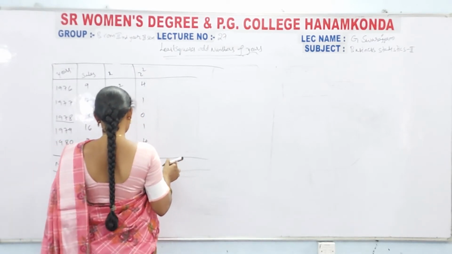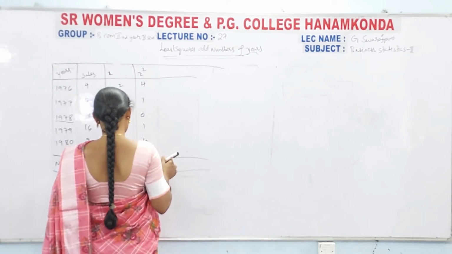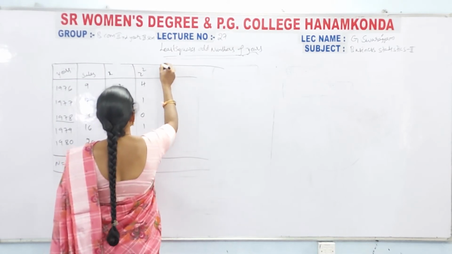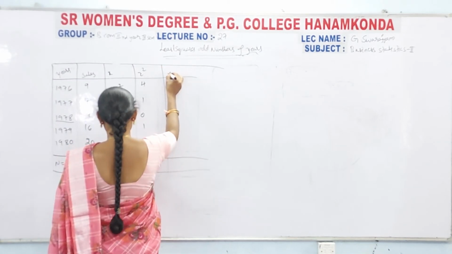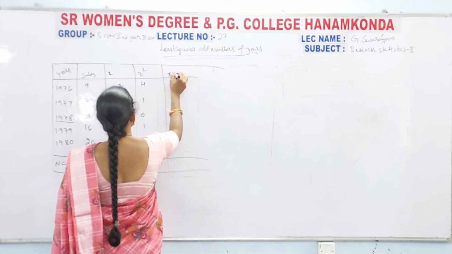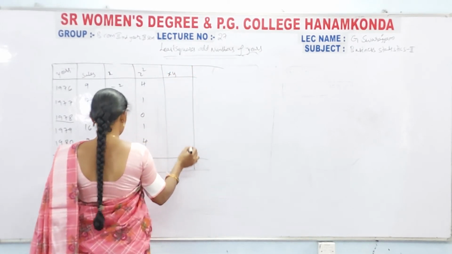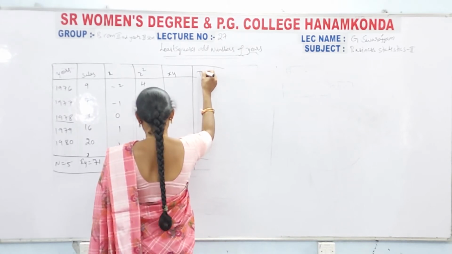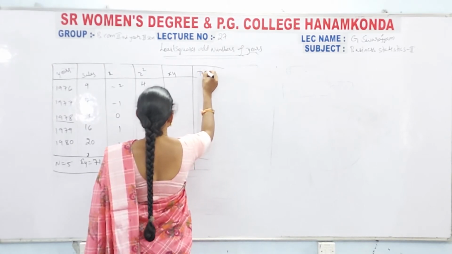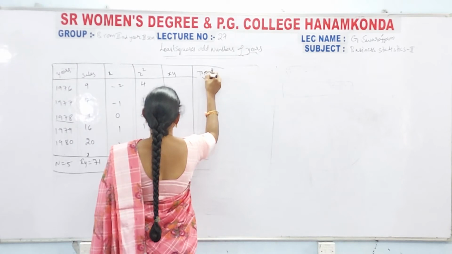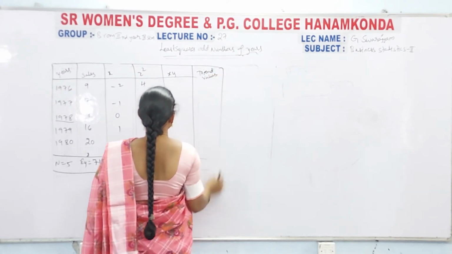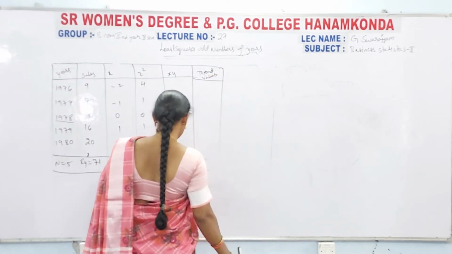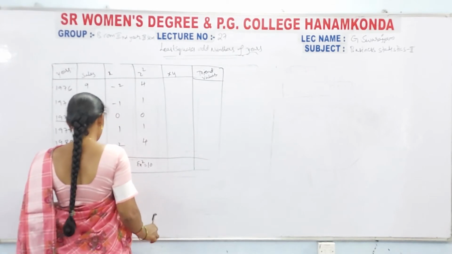The next one, sigma xy. Trend values, future estimated sales trend values are calculated in this.